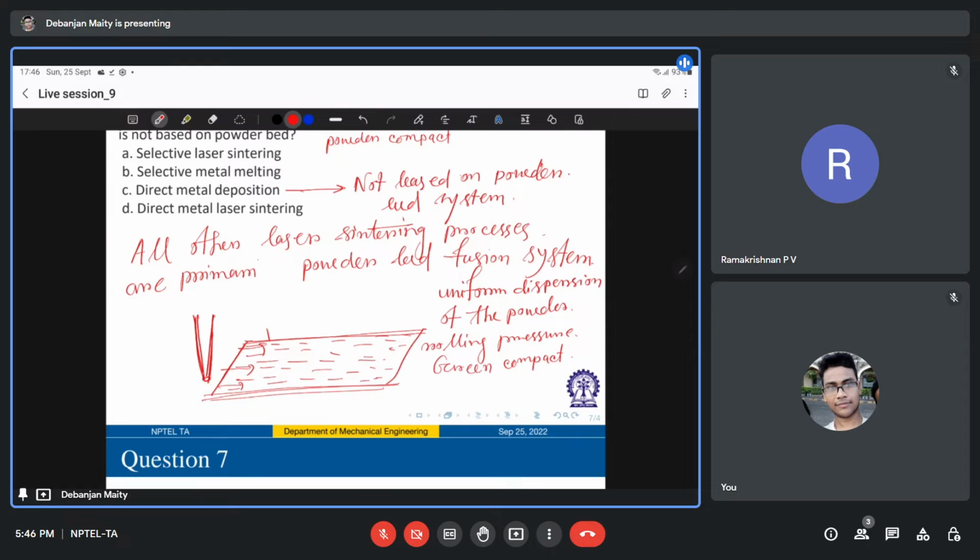This is your laser head, where you are scanning this powder bed, and it is moving. Initially there will be heat flux generation, while all over the other places it's still loose powder. So initially it is getting melted here, and then with time, when it moves at a certain scanning speed, it scans like this.